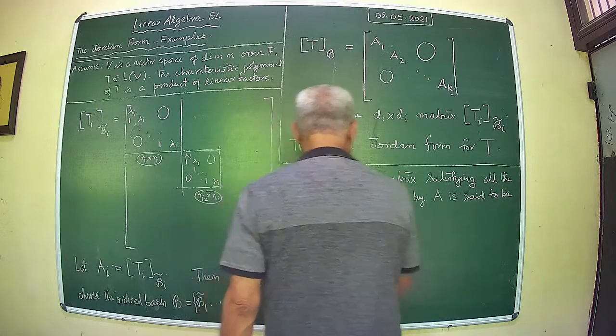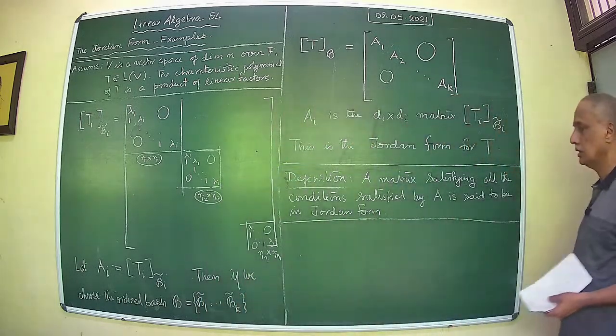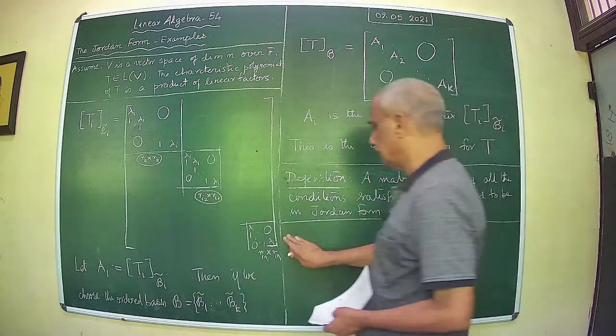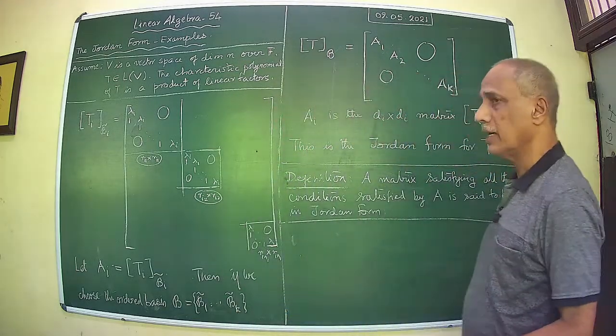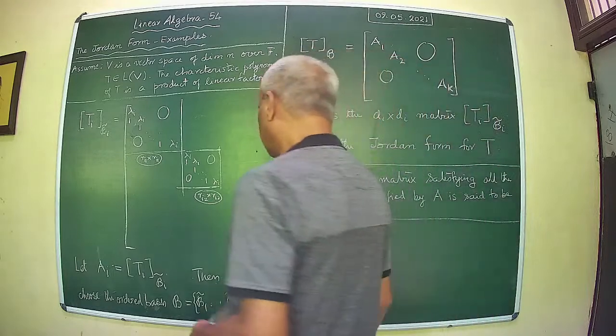So this is the definition that we have. Now what we want to prove is that this Jordan form that you choose for a given T is unique up to certain factors.